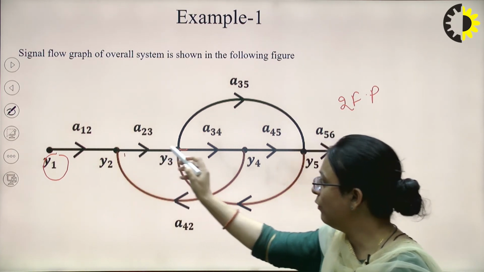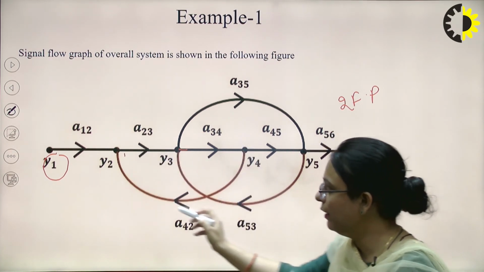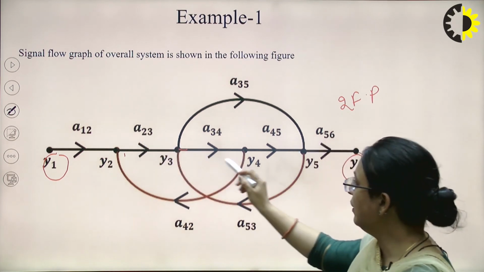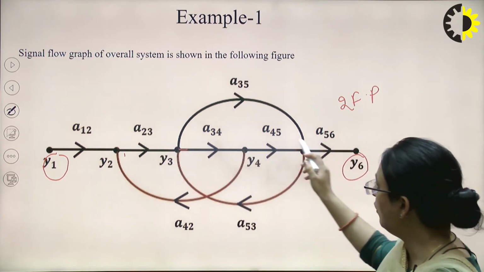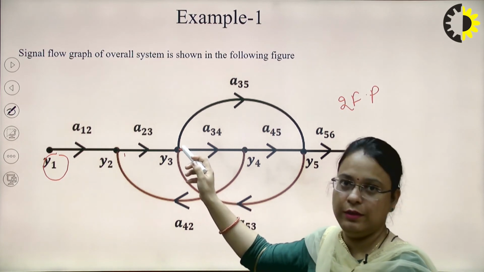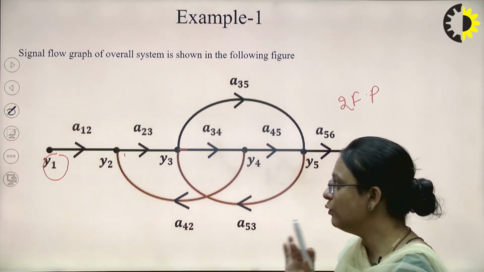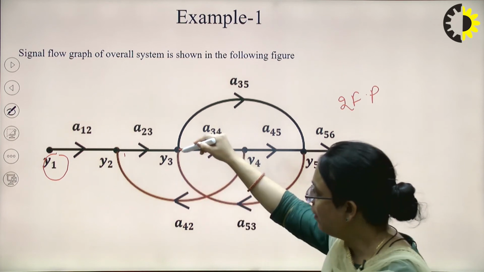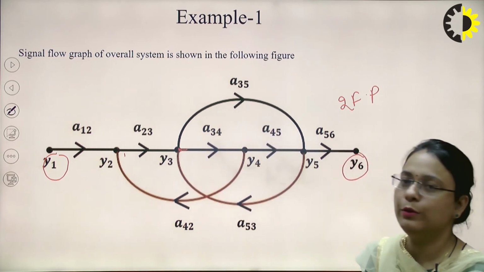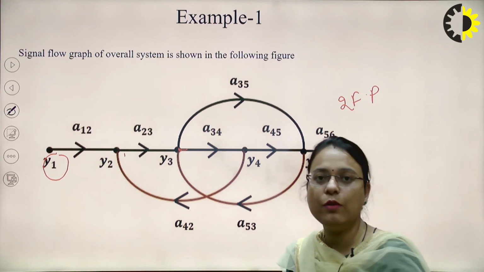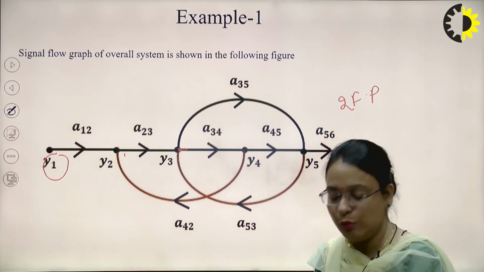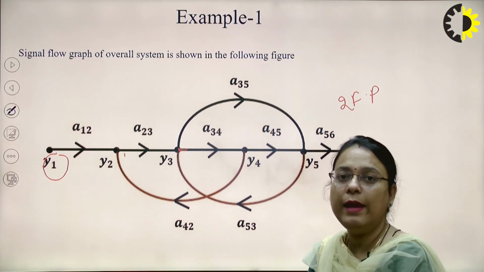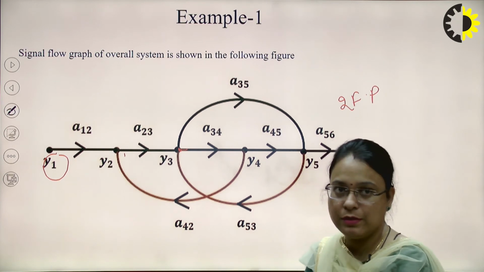One loop is from y2 to y3, y4 and then back to y2. Another one is y3, y4, then y5 back to y3. There is no non-touching loop, as these two loops have y3 as a common node, and there is no self loop in this SFG.